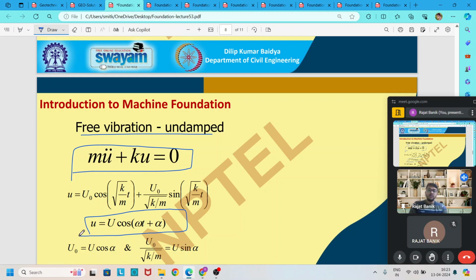And remember that to find the natural frequency or natural property of the system, we always use the free undamped vibration equation. Here omega represents the natural radial or angular frequency.